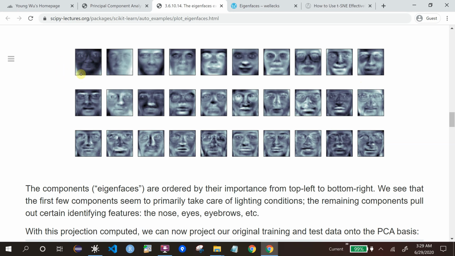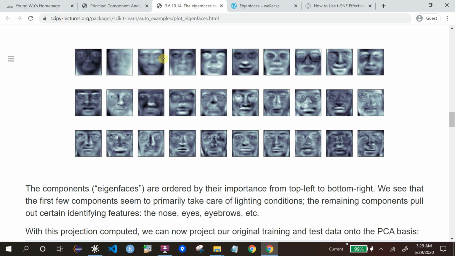The most important face is this one, and this is the second most important face. So what we're saying is, if you have a face image of any person, you can write it as a linear combination of these faces: a number multiplied by the first face plus a number multiplied by the second face plus a number multiplied by the third face. So that's what's happening.